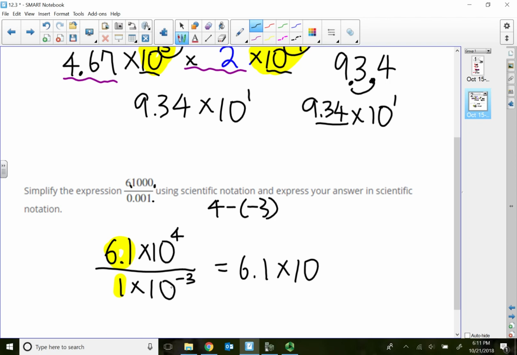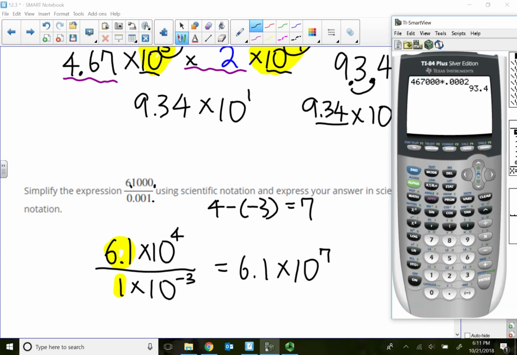Or you can just flip the 10 to the negative 3 power to the top, and you will notice you have 4 10s multiplied together, and another 3 just moved to the top. So altogether, you have 7 of those 10s multiplied with each other. So that's my answer: 6.1 times 10 to the 7th power.